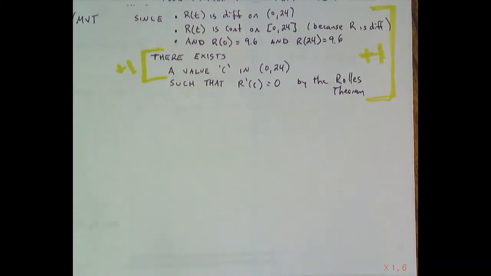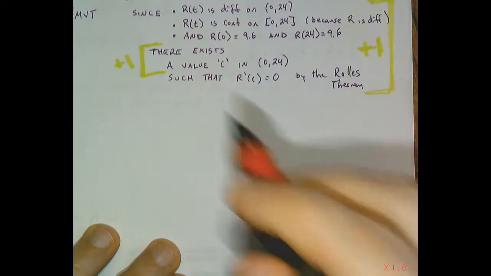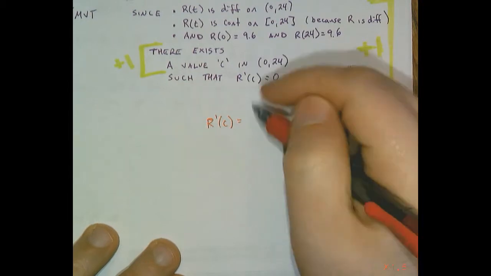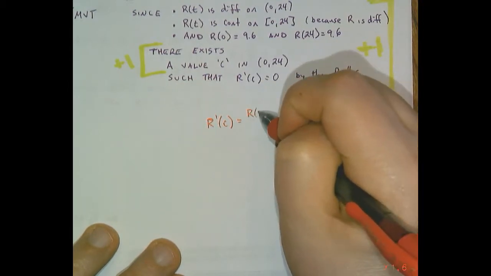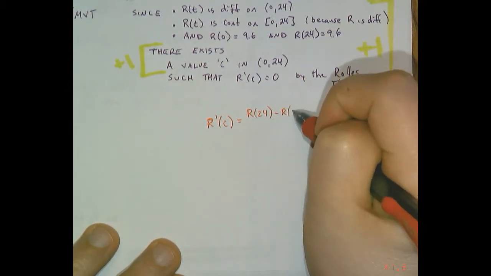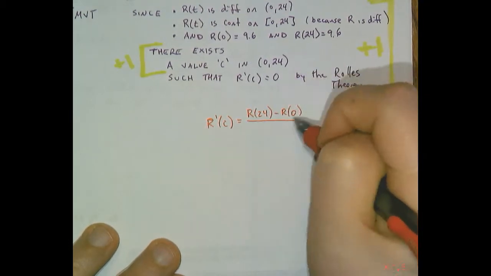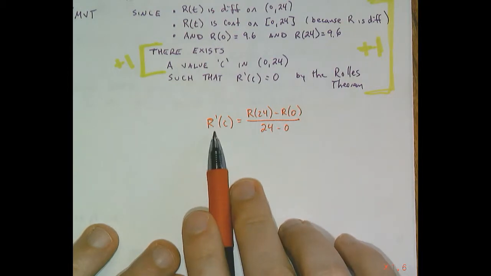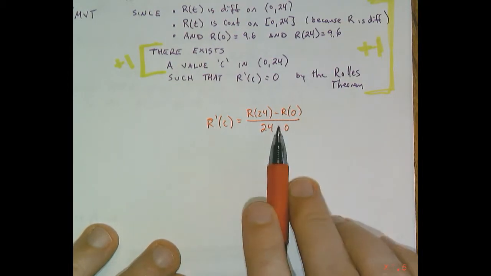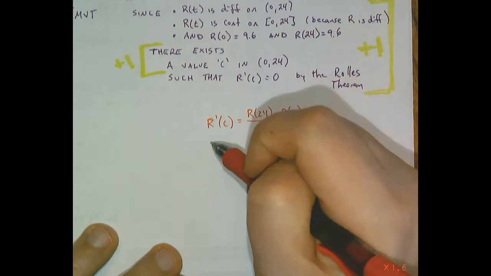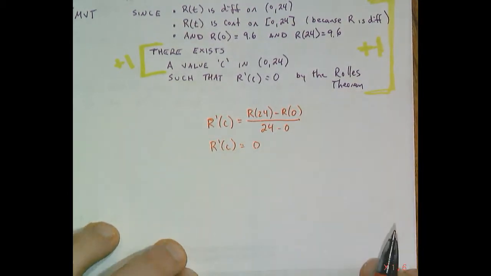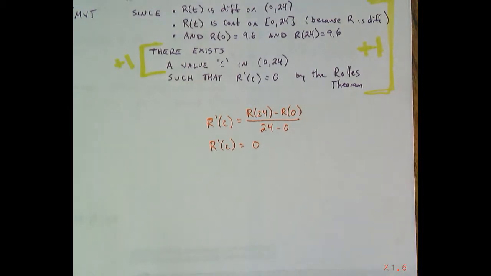I could have done it with the mean value theorem, which is very, very similar. I'll put that in red. R prime of C equals R of 24 minus R of 0 over 24 minus 0. So it's just saying there exists a spot where the instantaneous slope equals the average slope. And for the case of the problem here, the average slope was 0. So Rolle's theorem or mean value theorem.